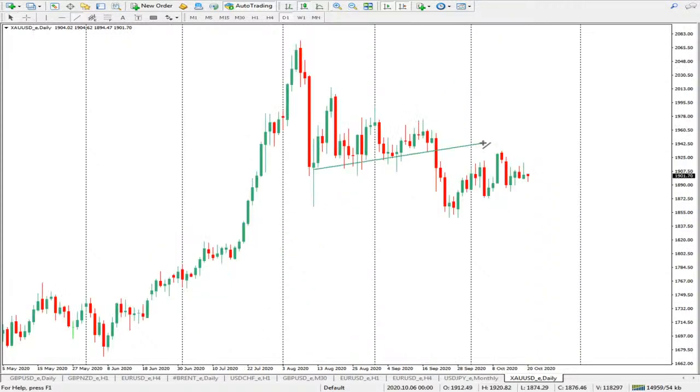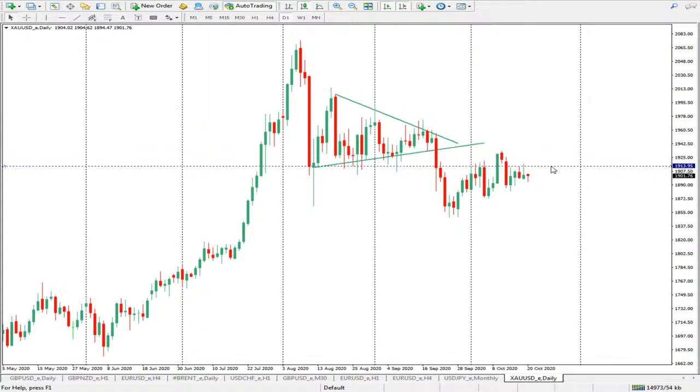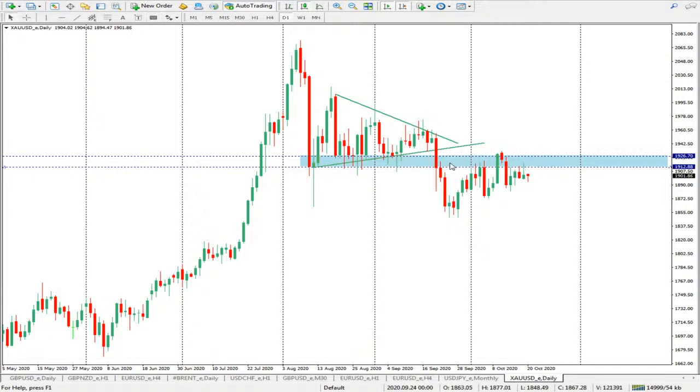So gold, we have this here, we have this, and then we also have a level here. So technically this should be the correct level for gold. We don't expect price to go beyond this zone, the one I've just drawn now. So if you're on this chart now, keep looking for sell positions.